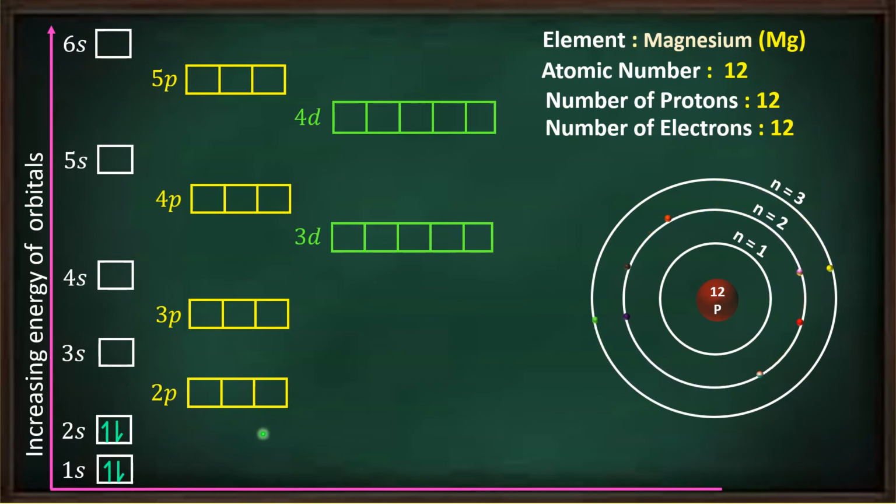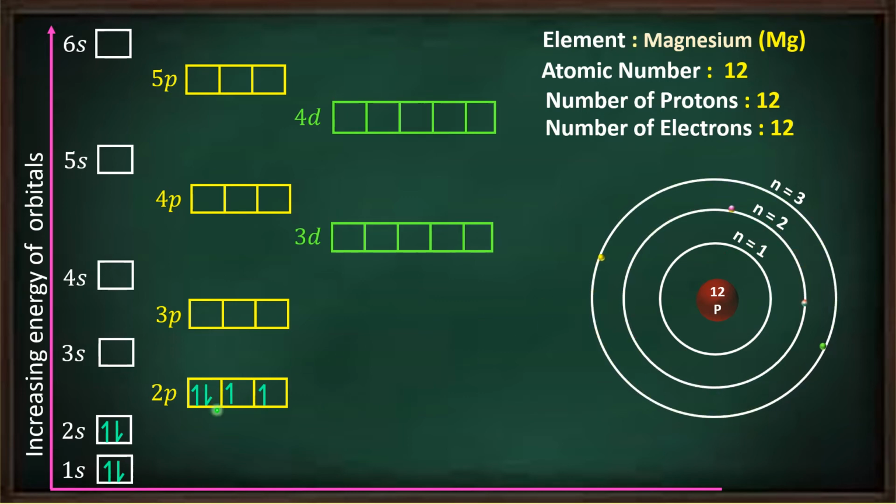The fifth electron enters into one of the empty orbitals of 2p. The sixth electron enters into another empty orbital. Next, the seventh electron enters into the remaining empty orbital.